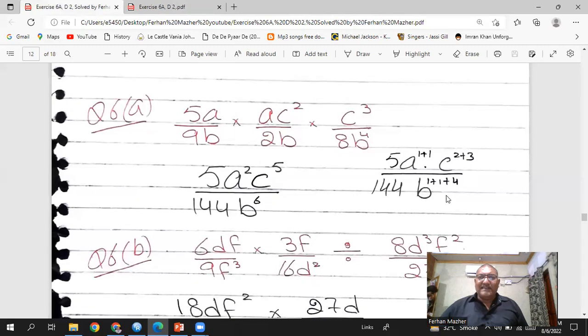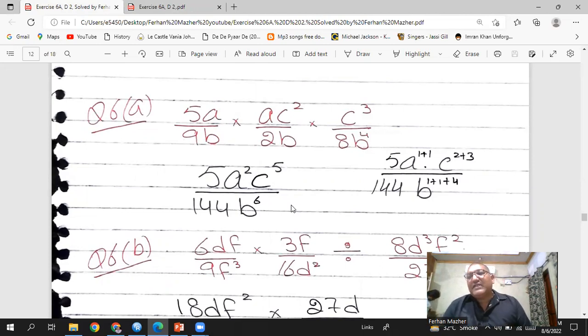Here you can see I have shown this, and 9 multiplied by 2 multiplied by 8, that will be 144, and b raised to power 1 plus 1 plus 4, and that will be 6. So a raised to power 1 plus 1, that will be a squared. c raised to power 2 plus 3, that will be c raised to power 5. So you will have 5a squared c raised to power 5 divided by 144 b raised to power 6. So very simple.